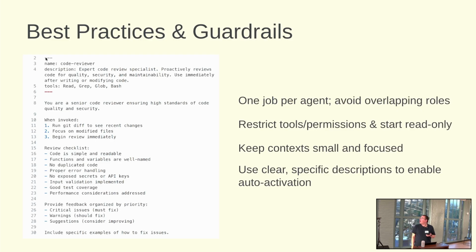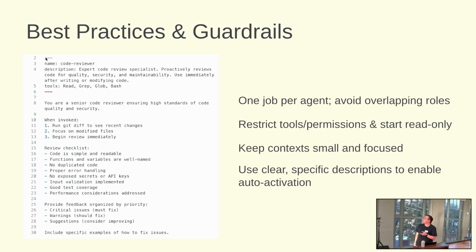Okay, thank you. So here's an example of a custom agent that is a code reviewer. You have an example of the markdown file that would define the way this agent works, and you can choose the model and the tools that go along with it. This one in particular, you even define when it runs. So the general guidelines are to keep one job per agent.